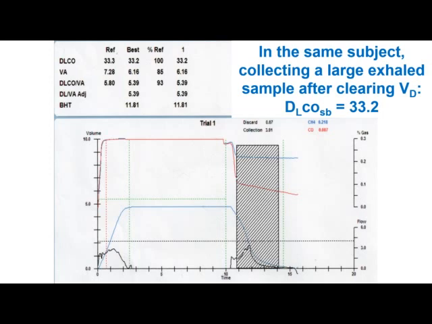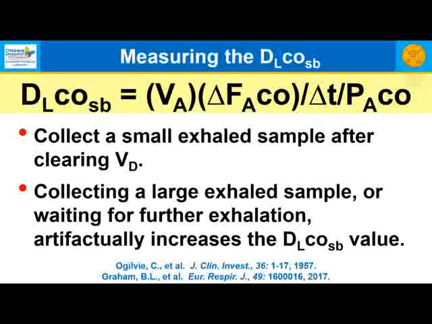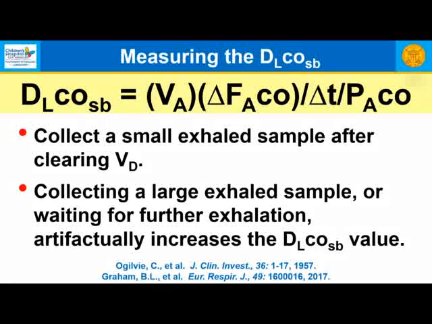So you actually want to collect a small exhaled gas sample, as small as reasonably possible, not a large, half a liter sample. You want a small sample to get the most accurate measure. So collect a small exhaled sample after clearing conducting airways. Collecting a large exhaled sample or waiting for further exhalation artificially increases the DLCO value.